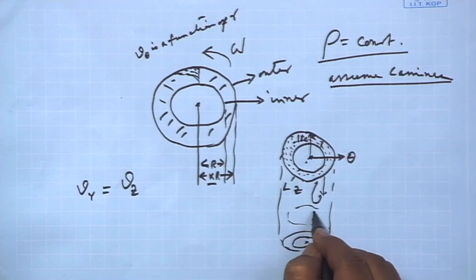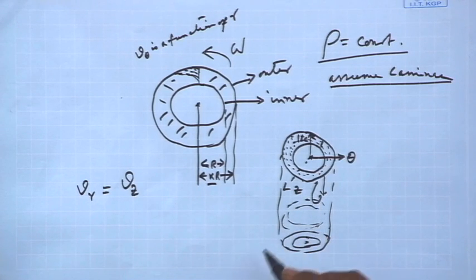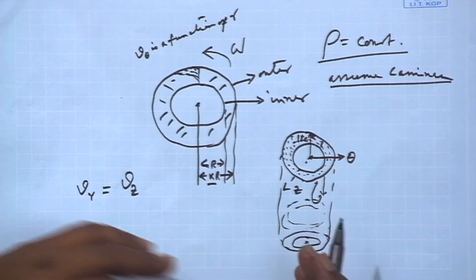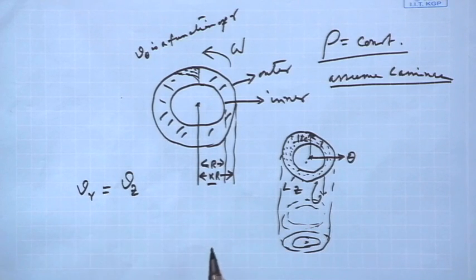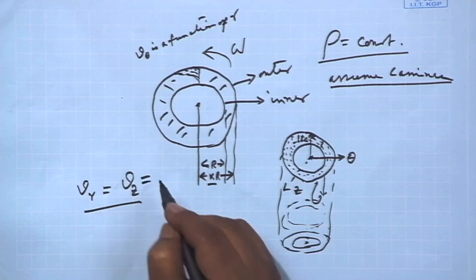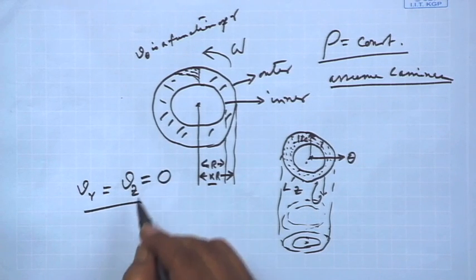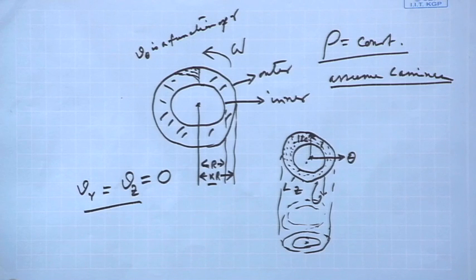So, like this, then another like this. These kind of layers are there, so one layer is not mixing with the other. That is why we can say that V r is equal to V z, and that is equal to 0.